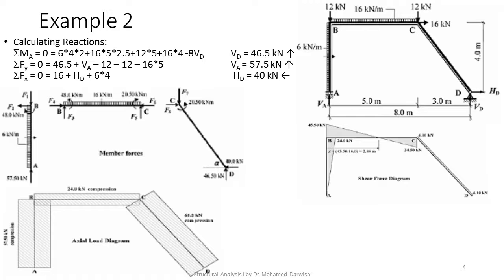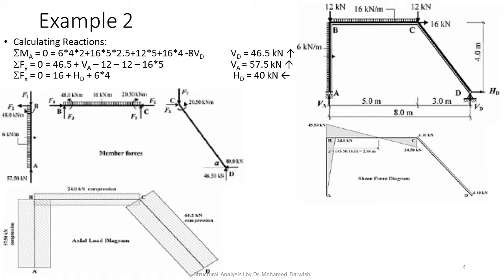I will simply see the same 45.5 minus 16 times 5. So 45.5 minus 80, this is negative 34.5 kilonewton. And again, this 0 shear is the location of my maximum moment, and I will simply get it by similarity of triangles.